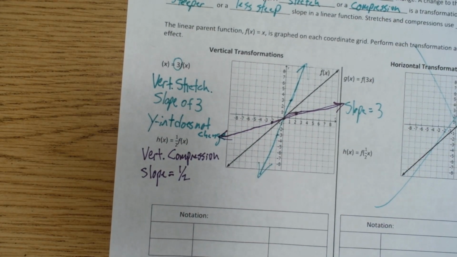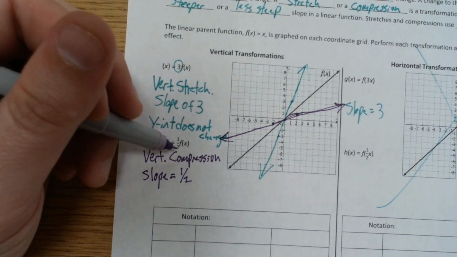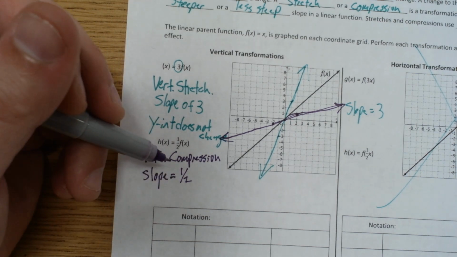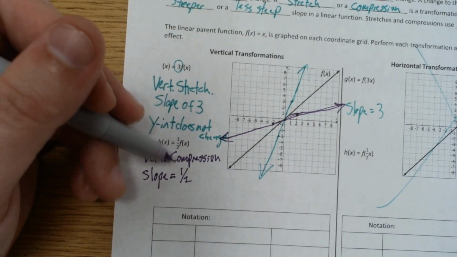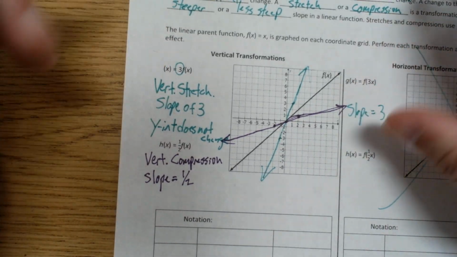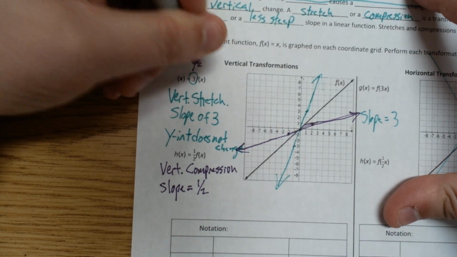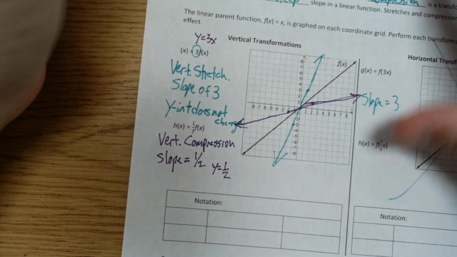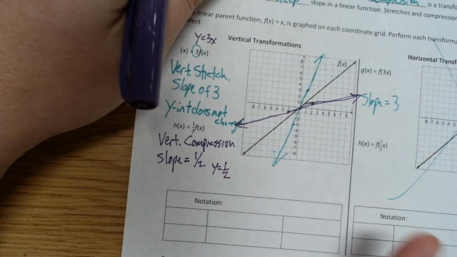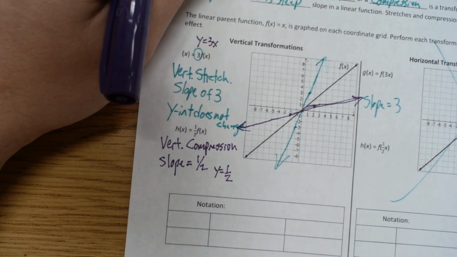So it's less steep, and it causes the output to be multiplied by this number. Really we just see this as y equals 3x, or y equals 1/2 x. That's what our slope does, it takes it and tilts it along a point to make it steeper or less steep, depending on what it is.